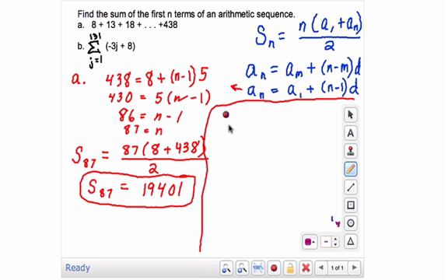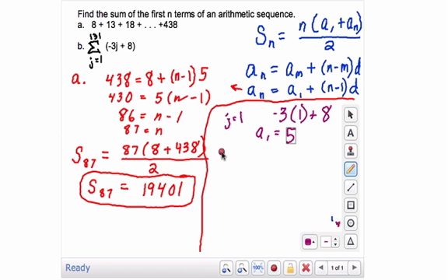So if j is 1, I plug it in and get negative 3 times 1 plus 8, and that is going to give me a sub 1. Negative 3 plus 8 gives me 5.